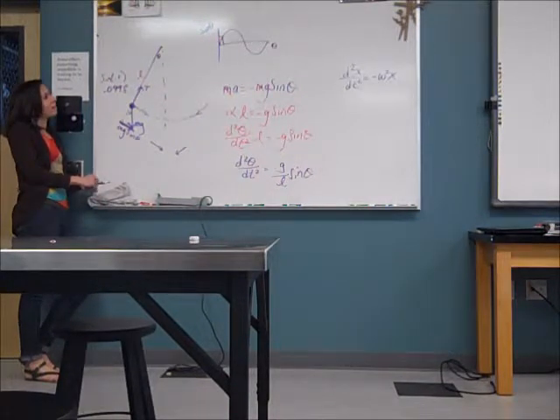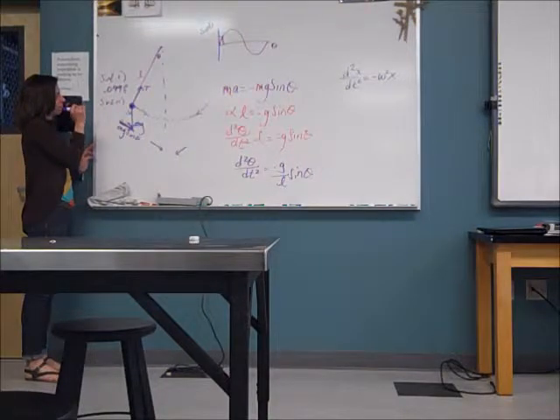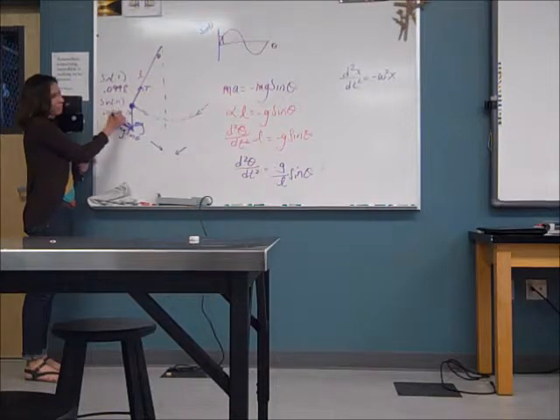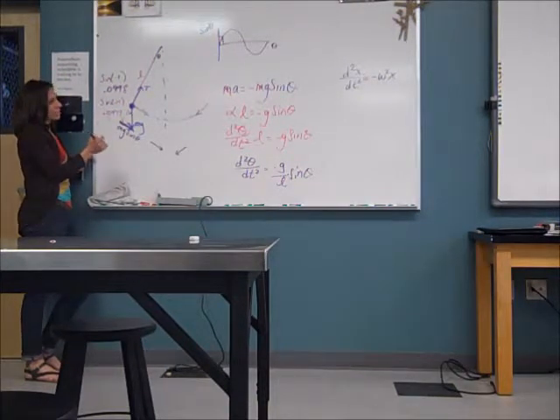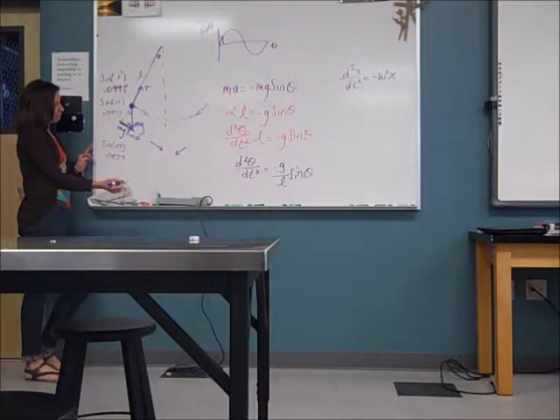Okay, what's the sine of 0.11? 0.1977. Okay, let's see how far we can take it. What's the sine of 0.25? 0.2474. What's the sine of 0.5? 0.4794.